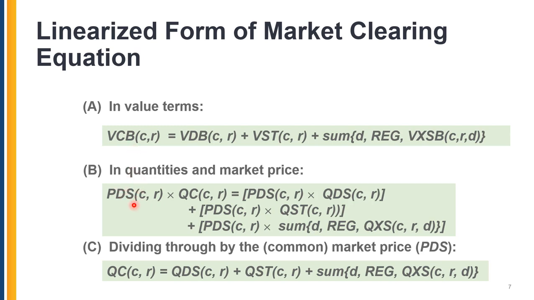So VCB can be written as PDS times QC. All of these could be written with PDS as the price. Then you could divide through by PDS, since it's pre-multiplying everywhere, and be rid of it so that you have a pure commodity levels equation.